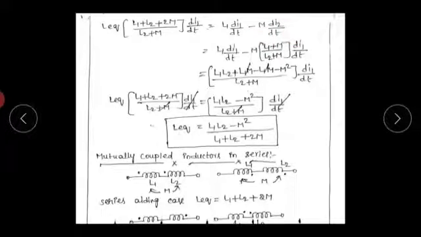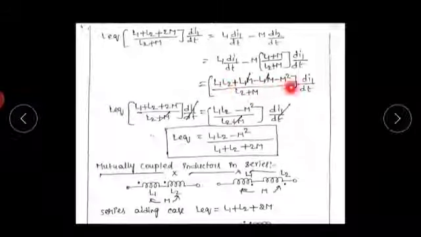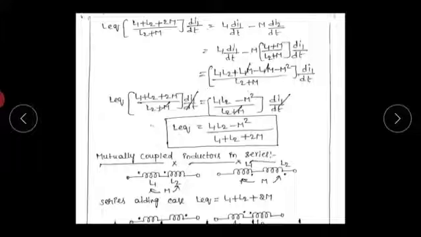It equals L1 into di1 by dt plus M into (L1 plus M) by (L2 plus M) into di1 by dt, or L1 into L2 plus L1 into M minus L1 into M minus M square by (L2 plus M) into di1 by dt. On both sides, di1 by dt and (L2 plus M) cancel. So finally the equivalent inductance L equivalent equals (L1 into L2 minus M square) by (L1 plus L2 plus 2M).